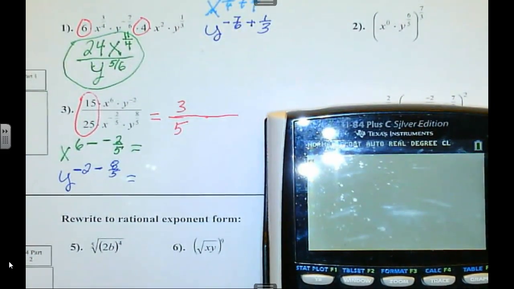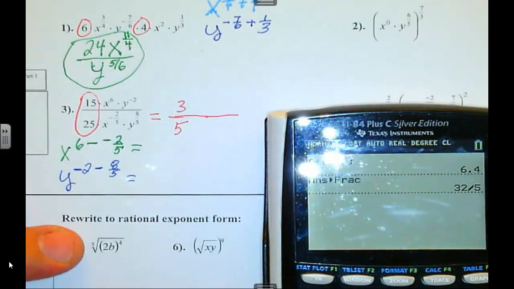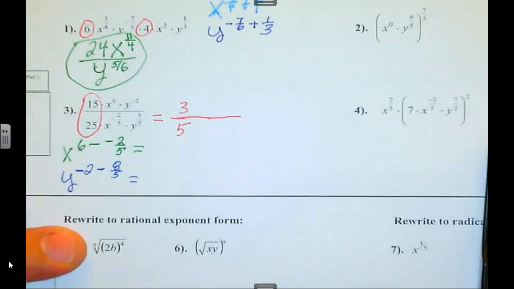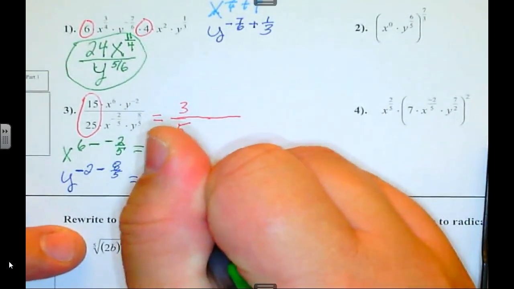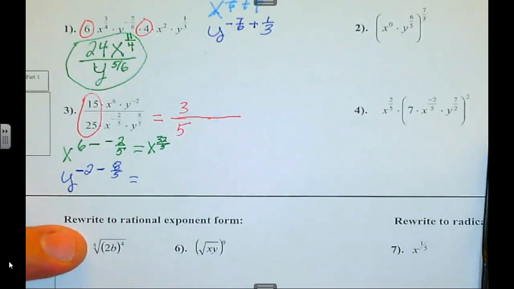Now, are you guys good with a double negative being addition? Okay. So 6 plus 2/5. I get math, enter, enter. Gives me 32/5. So my x is 32/5. Where's it going to go? Top or bottom?